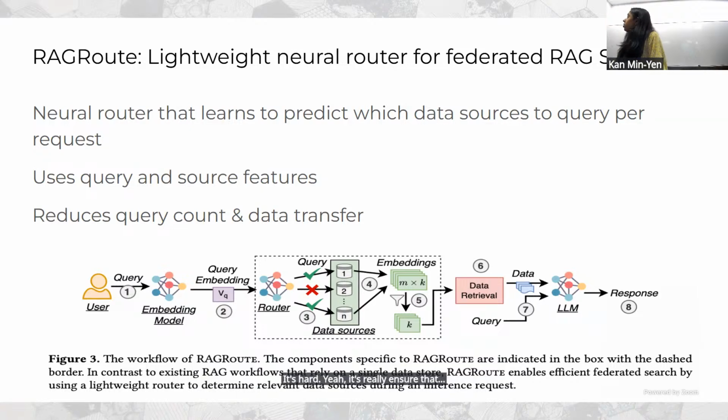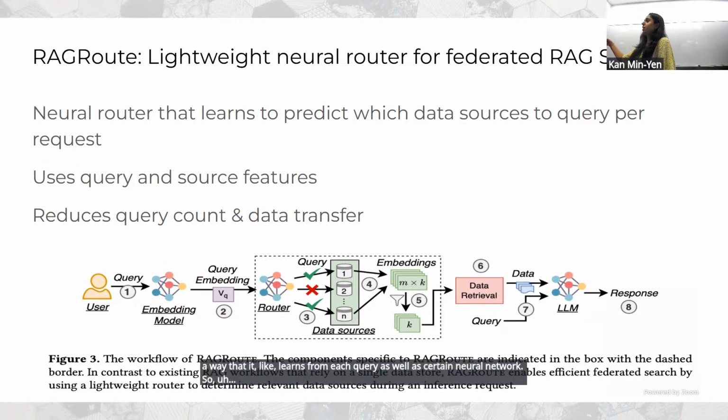The router is trained in such a way that it learns from each query, as a neural network. So it needs to keep learning. Yes, but exactly the problem of training in machine learning is that you cannot handle out of distribution. So that's an issue. That would still be an issue, but this is just one of the ways.